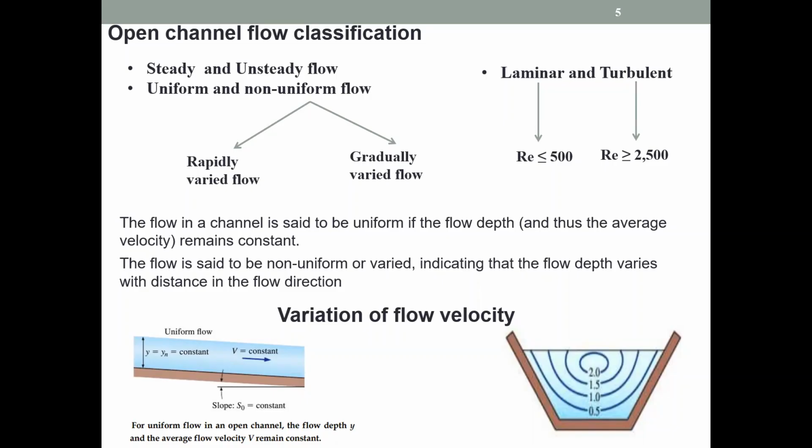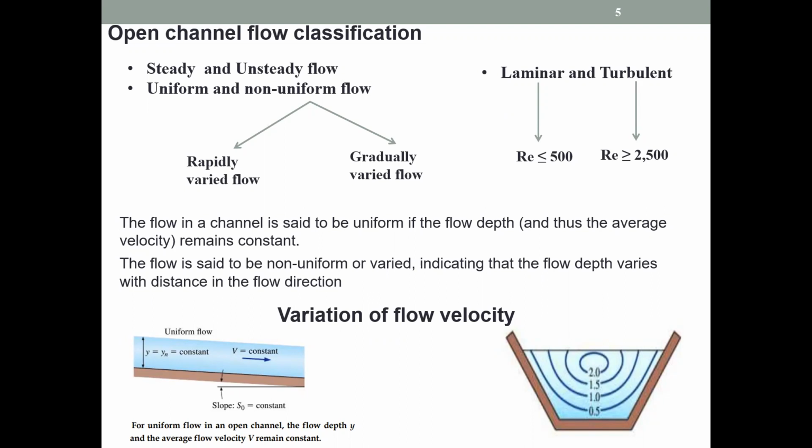For example, take the velocity. If the velocity does not change with time, that is called a steady flow. Unsteady means it changes with time. I hope it is clear. The uniform flow means the flow characteristics do not change from point to point. In that case, it is called a uniform flow.